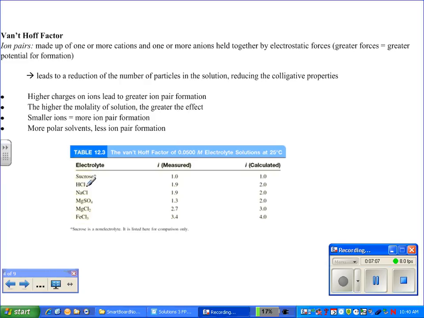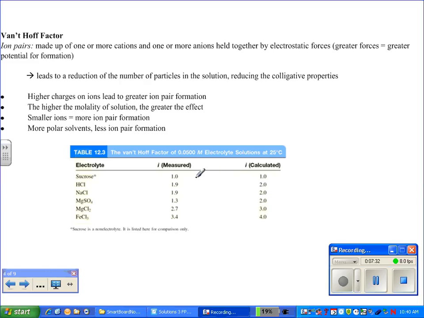Anything that is ionic, we need to break up into its ions and count the number of ions that will be in the solution. So something like HCl will have 2, NaCl 2, magnesium sulfate, which is Mg2+ and SO4 2-, will also have 2. Magnesium chloride and iron chloride have 3 and 4 respectively.